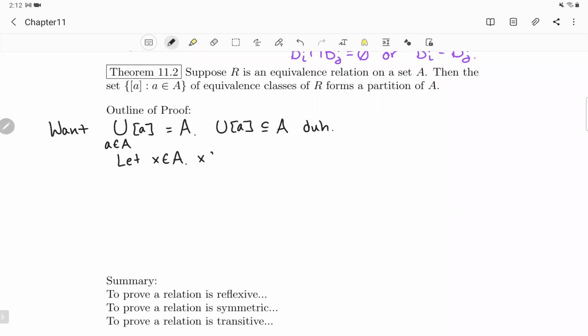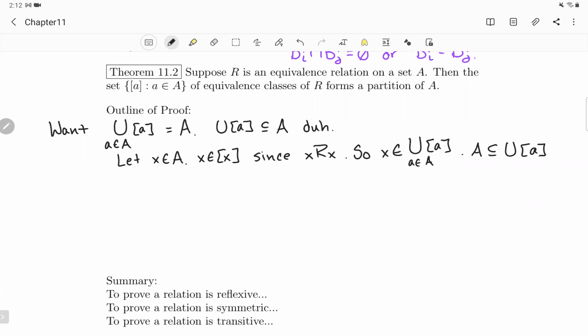So x is an element of the equivalence class of x since x is related to x. And again, there we used reflexive, right? So x is an element of the union of all those equivalence classes, because one of those actually is his. So then we have A subset of the union, right? Which means they're equal because I got subset both directions. Okay.